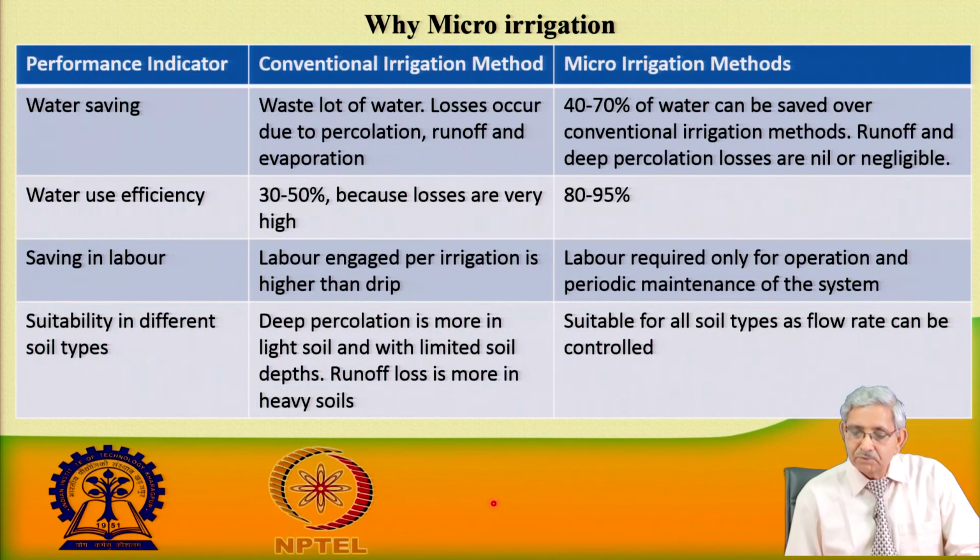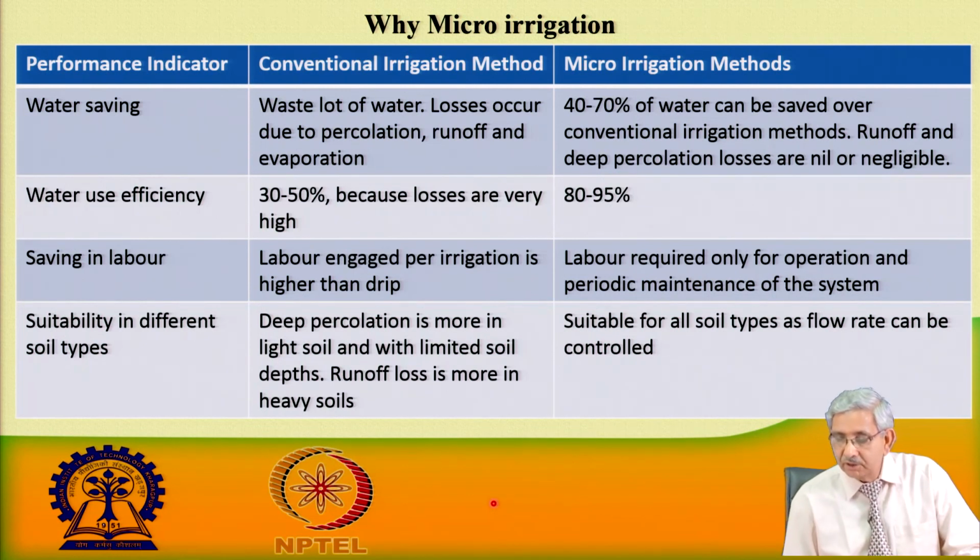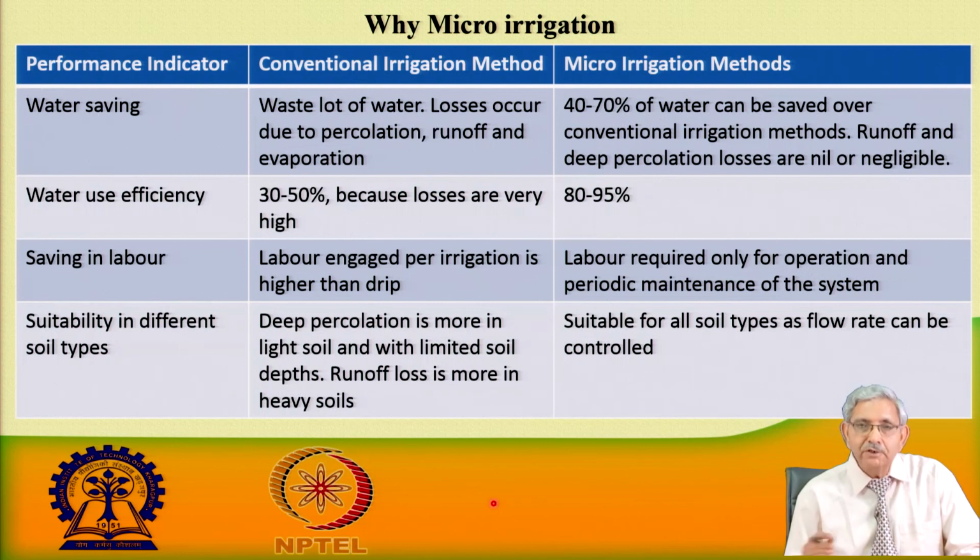You can save 40 to 70% of water over conventional irrigation systems. Runoff and deep percolation are negligible, as there is no provision for percolation loss or surface runoff.